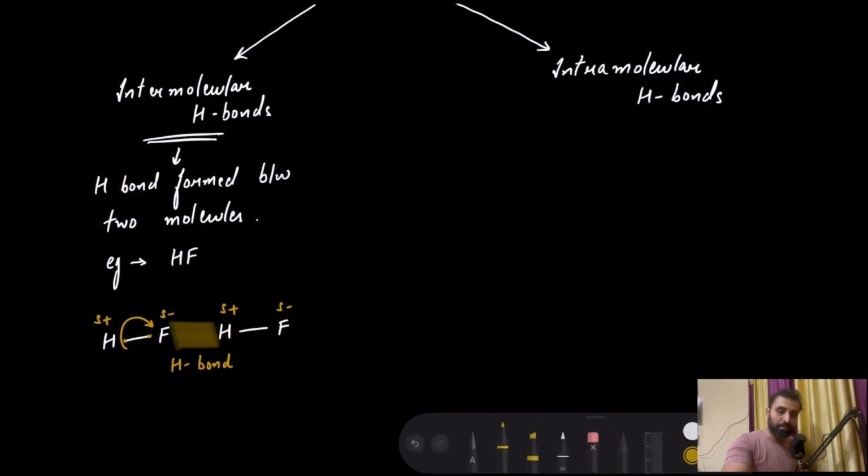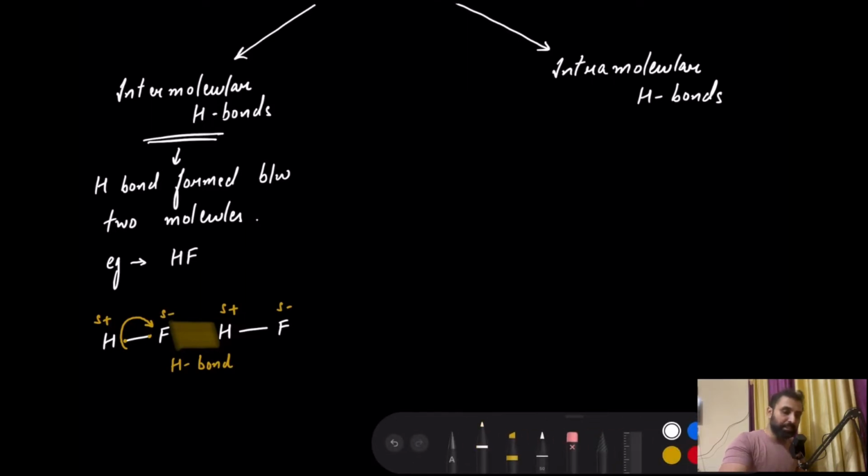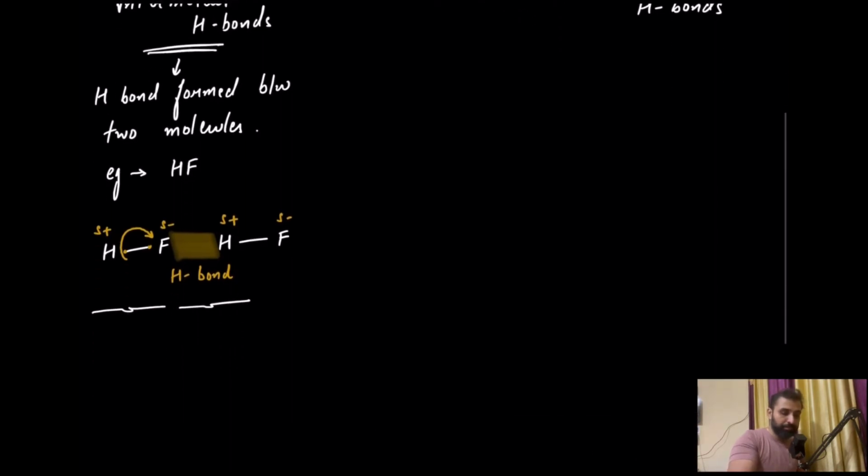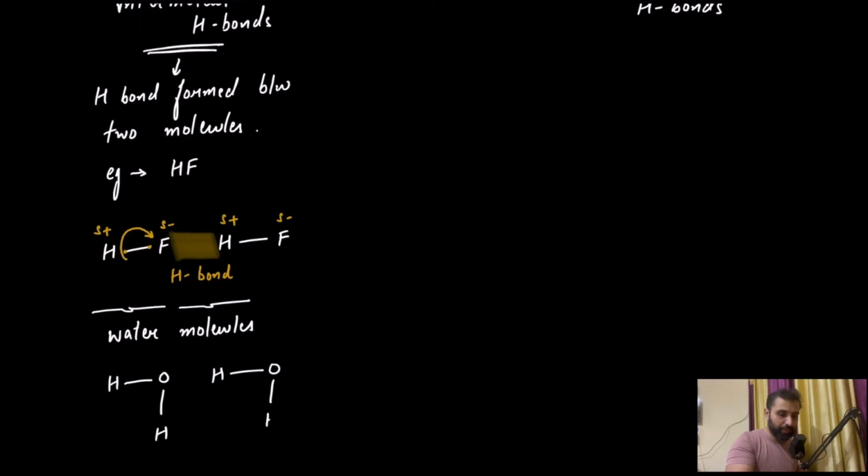Now let's take an example of one more intermolecular hydrogen bond, and I'm taking it to be water molecules. That's hydrogen, oxygen and hydrogen, and again hydrogen, oxygen and hydrogen.